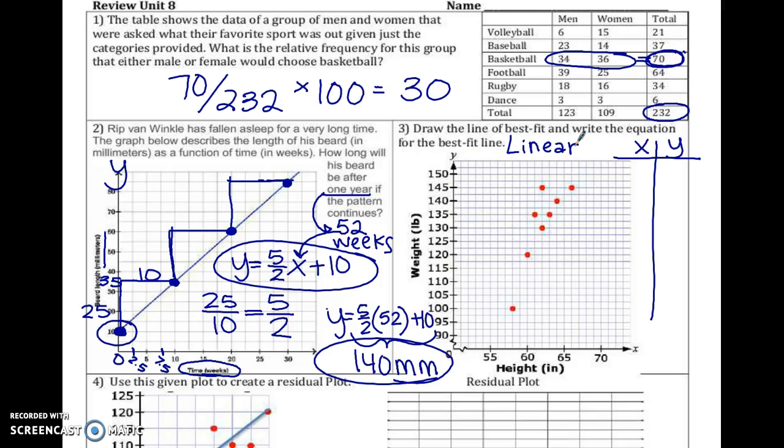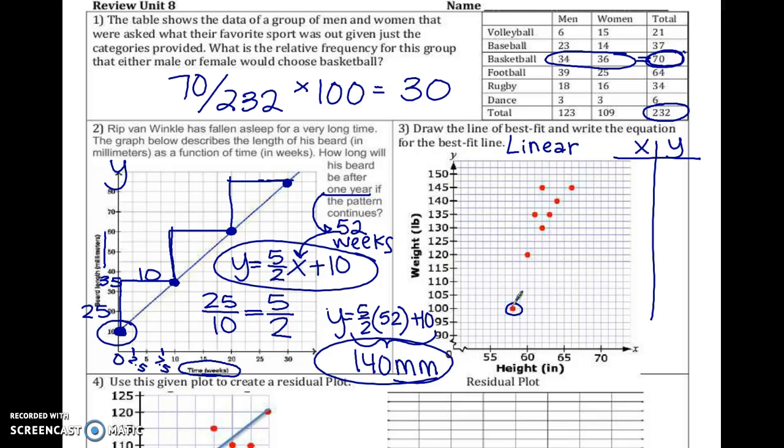It does look pretty much like it's in a line. So what I would do, especially if I want to use the calculator to help me get the exact line of best fit, I'm going to write out the ordered pairs for every single one of these points.